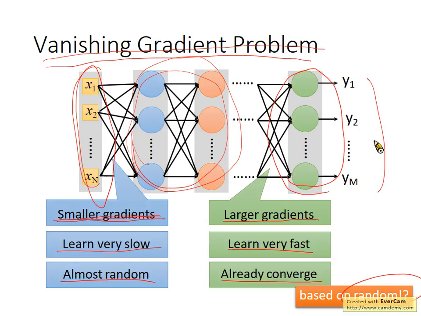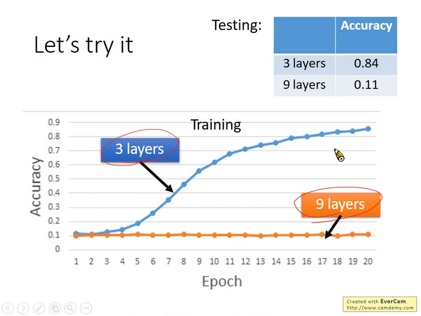So this is why, when we use a 9-layer neural network, we achieve almost random-guess performance in handwritten digit recognition.